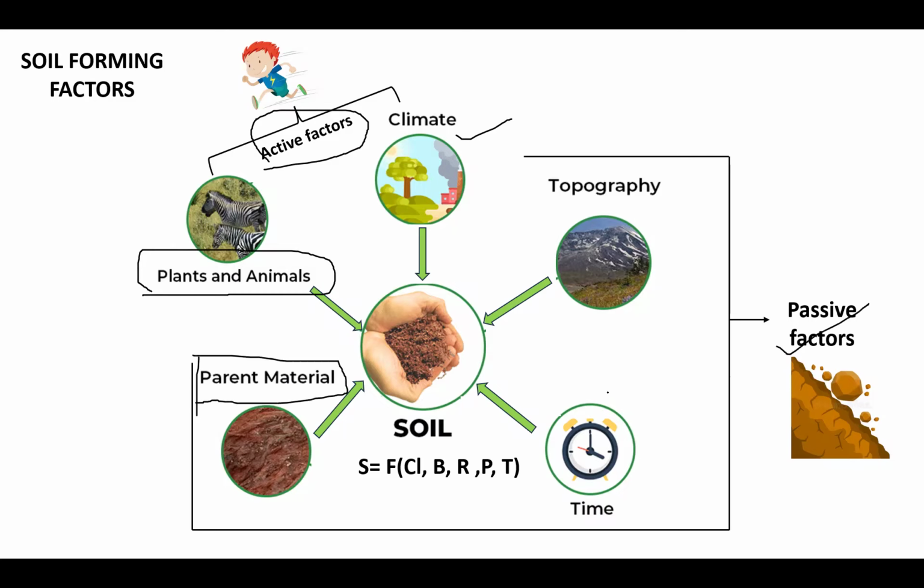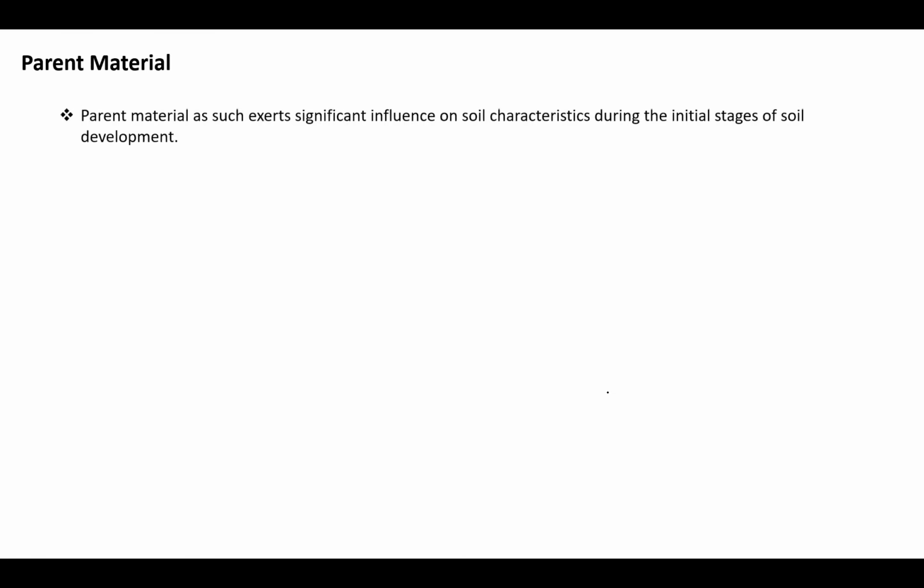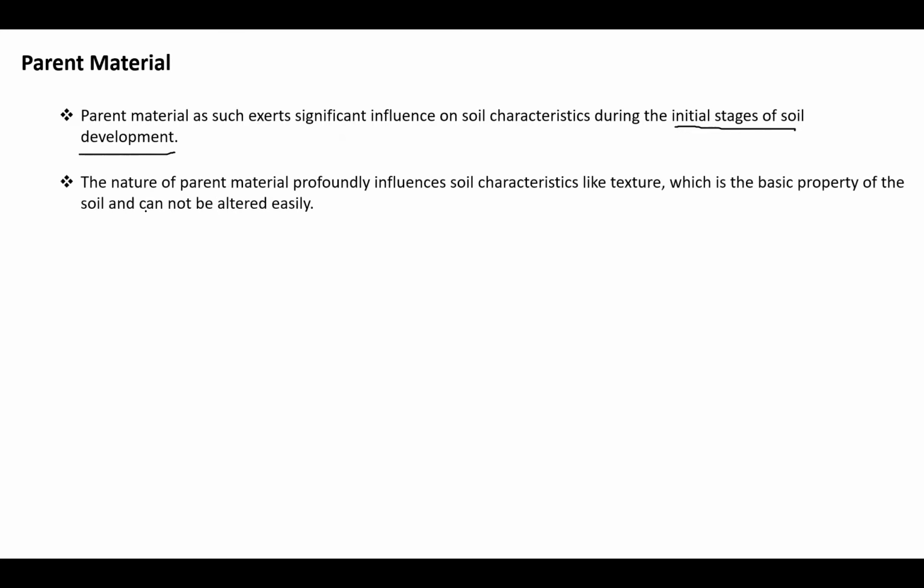There are some points regarding soil parent materials. Let us see. In parent material, to a significant extent, it influences the soil characteristics during the initial stage of soil development because of its passive nature. The nature of the parent material highly influences characters like texture, which is a very basic property of the soil that cannot be altered easily.